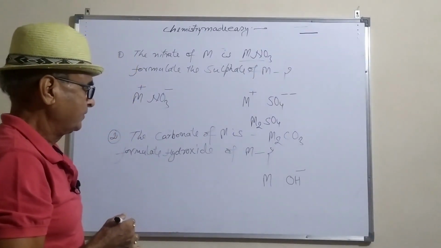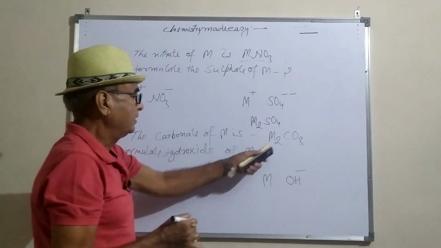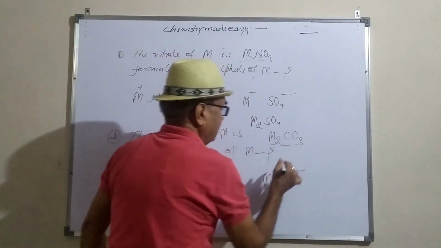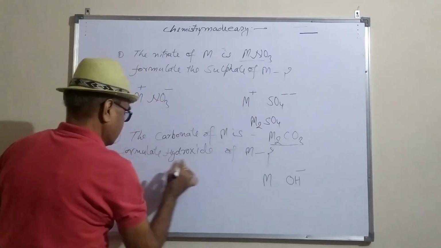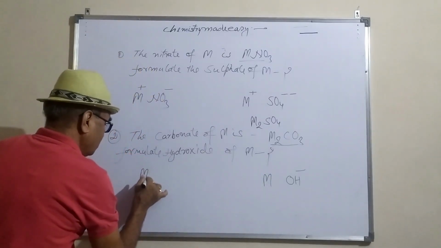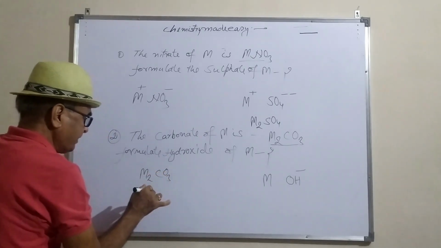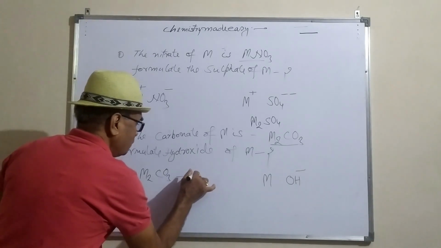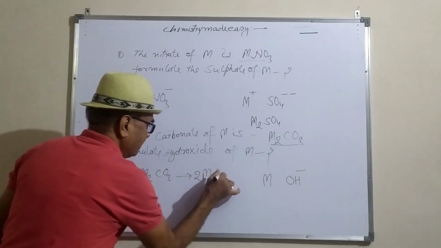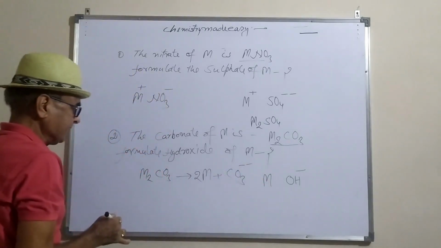Now you don't know the charge of M, so come to this; this is the clue for the charge of M. When you dissociate M2CO3, you will find 2M plus CO3 double negative.